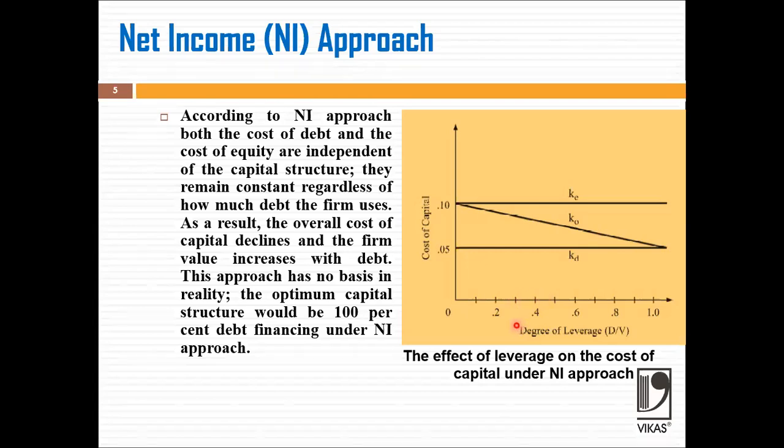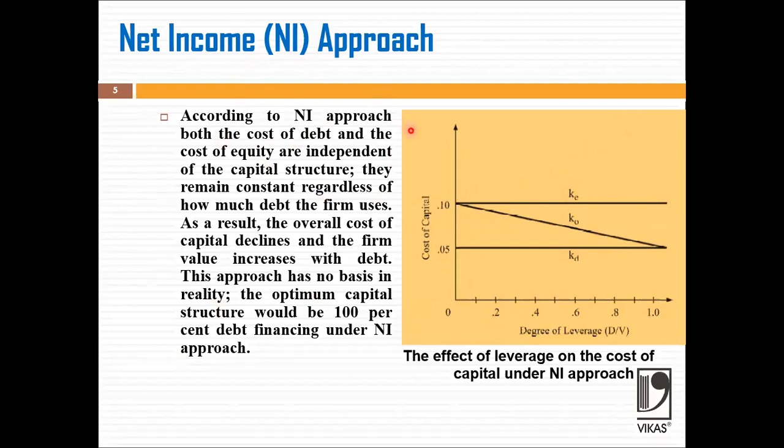So in reality, when companies include more debt into the capital structure, this KE will move like this line. That is real, right? Before we go to the net operating income approach, you just read this.